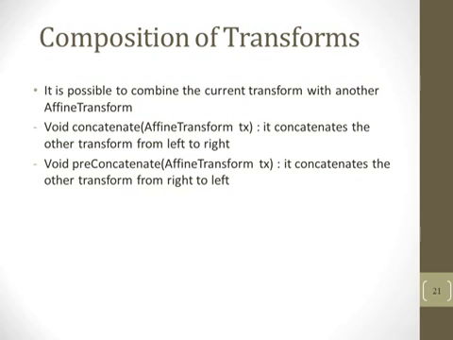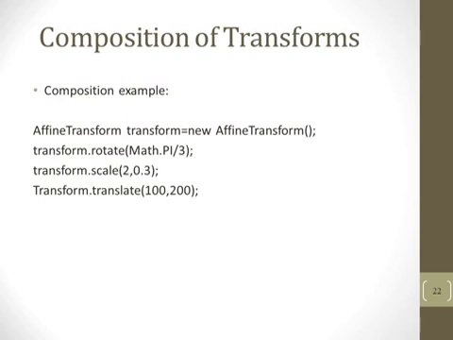For example, consider the following code. AffineTransform transform = new AffineTransform, transform.rotate(Math.PI/3), transform.scale(2, 0.3), and transform.translate(100, 200). The first transform to be applied is the translation, which is translation by 100, 200.